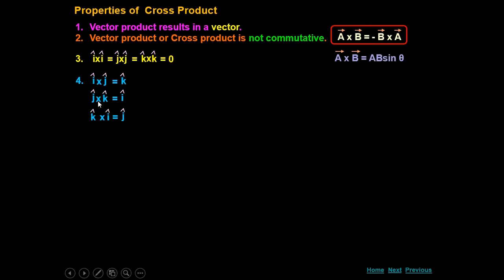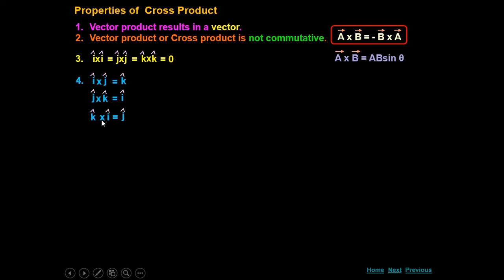Similarly, j cap cross k cap means j is taken along the y axis and k cap is along the z axis, so it is in the yz plane. So which axis is perpendicular to the yz plane? The x axis. Which unit vector is along the x axis? i cap. That is the reason you get j cap cross k cap equals i cap.